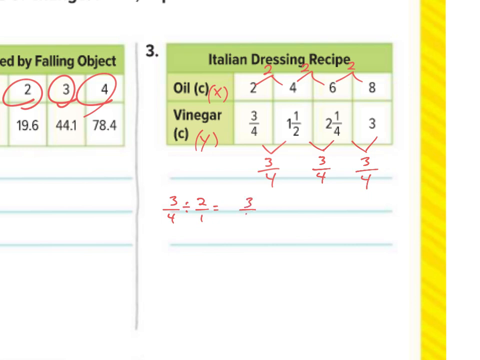So we get 3/4 times 1 over 2, which is 3/8. So in each of these cases, we've got a change of 3/4 over 2, and that is actually 3/8. So the answer to this question is yes, it's linear.